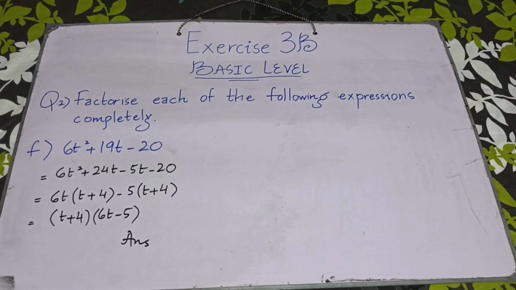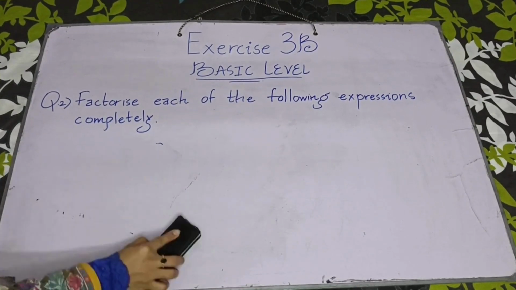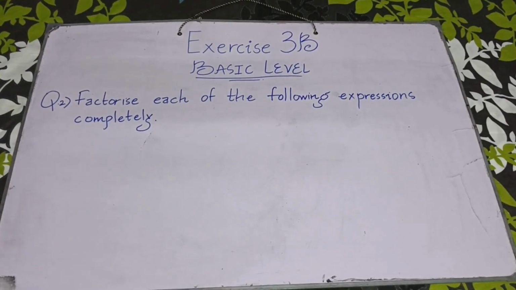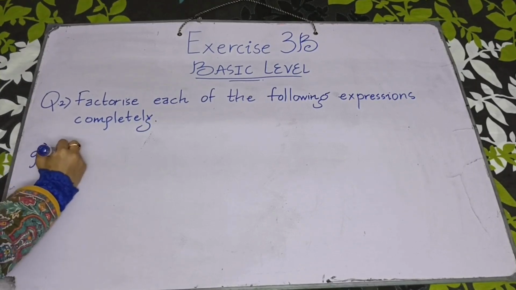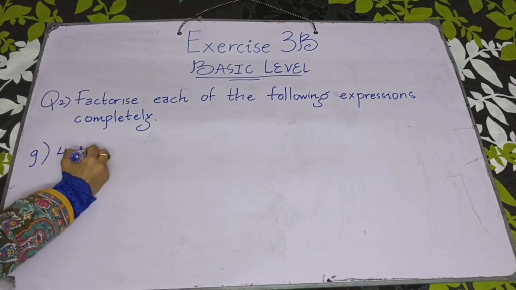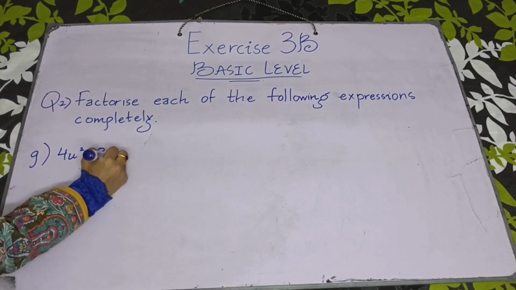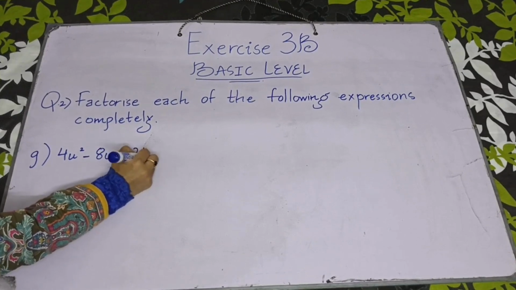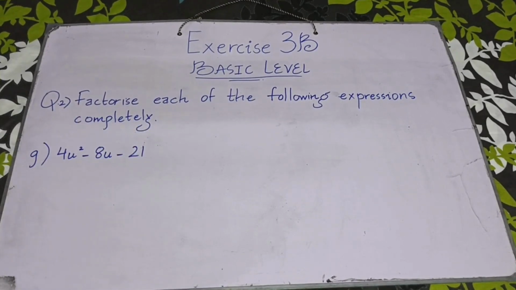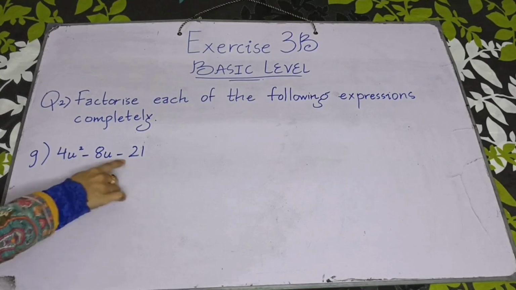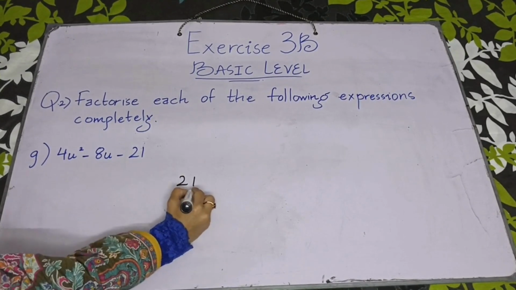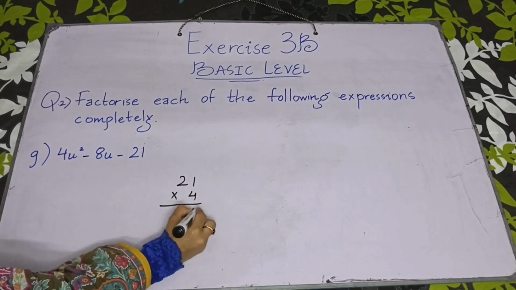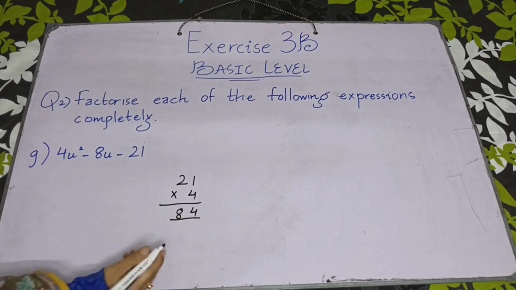Now come to part G of question number 2. Part G says 4u square minus 8u minus 21. Again we take the first and last term and multiply. 21 multiply by 4. 4 times 1 is 4, 4 times 2 is 8. We want 84.